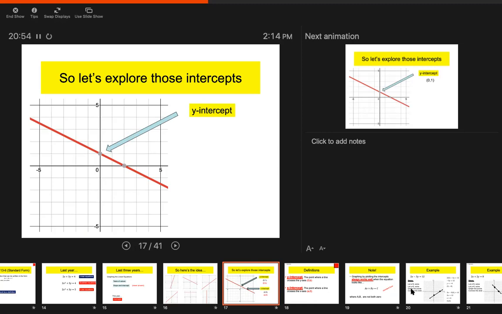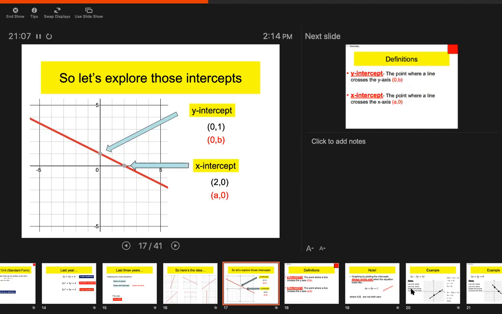Okay, and then for the x-intercept, right. So in general terms, we say that the y-intercept is 0, something, and for the x-intercept, it's going to be something, 0. Right? A and B. Why do they choose A and B? I don't know. Those are the variables they wanted to use. Nothing special about them. Cool.